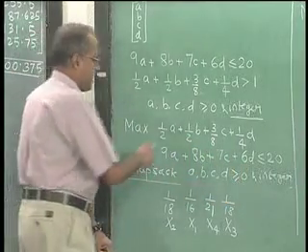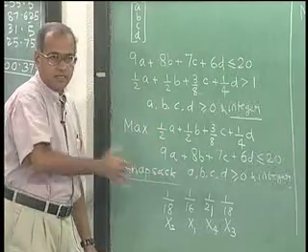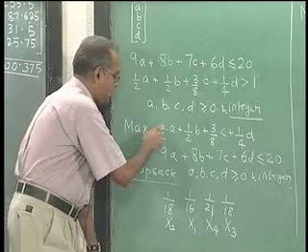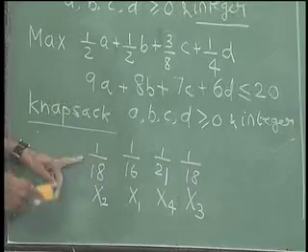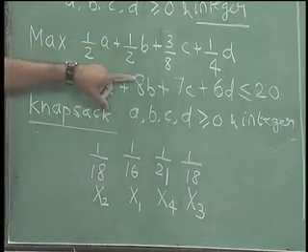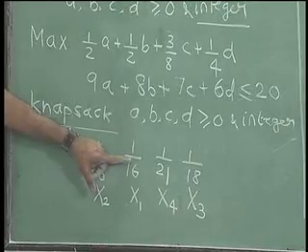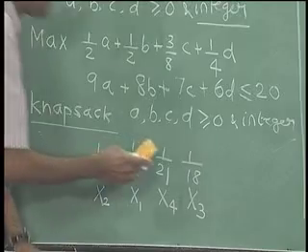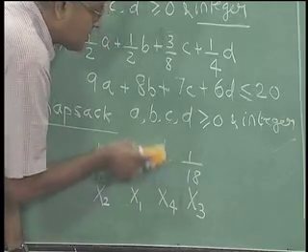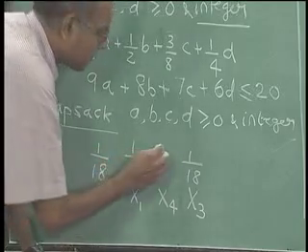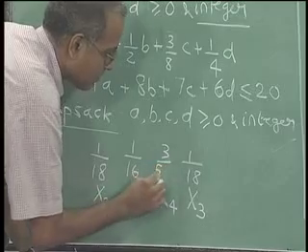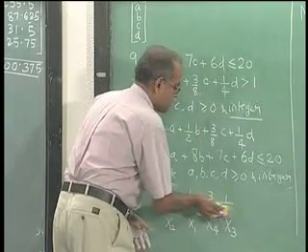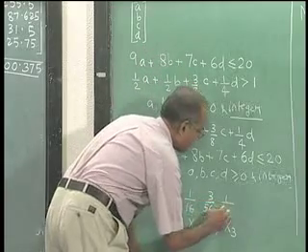Now, once again we find out the ratios and sort the variables in the decreasing order of the ratios. So, this becomes 1 by 2 divided by 9 is 1 by 18, 1 by 2 divided by 8 is 1 by 16, 3 by 8 divided by 7 will give us 3 by 56, and 1 by 4 divided by 6 would give us 1 by 24.